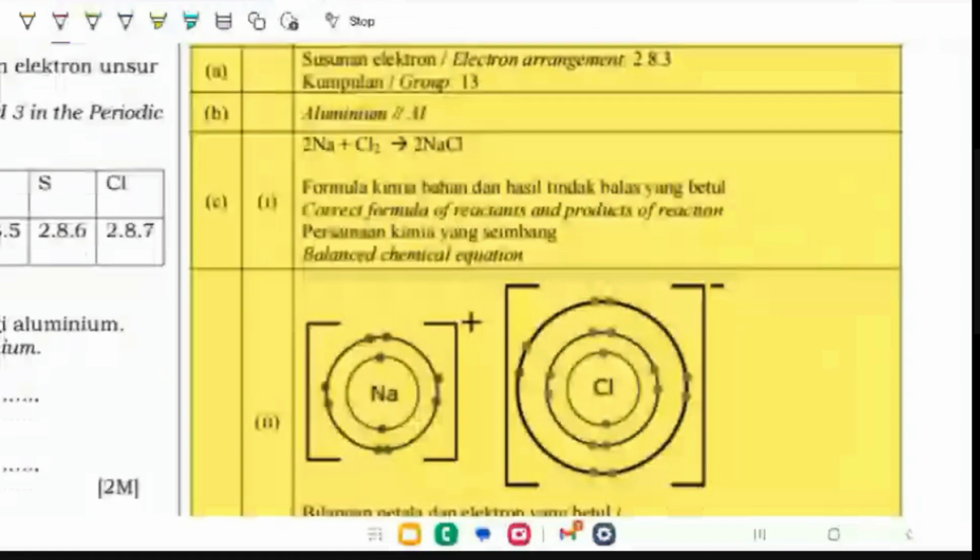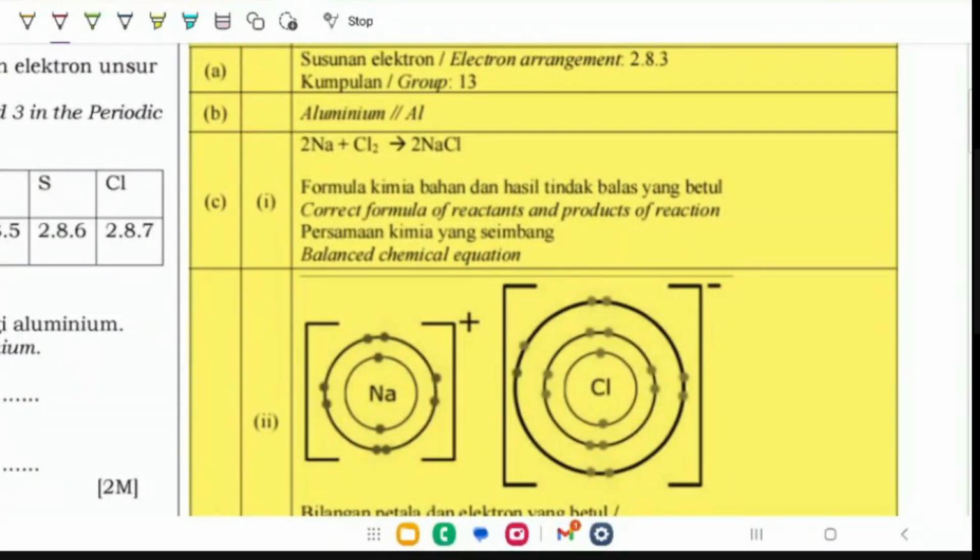Tonight we just learned the introduction and talked mostly about ionic compounds. We haven't talked about the other types of chemical bonds, for example covalent, dative, and so on.